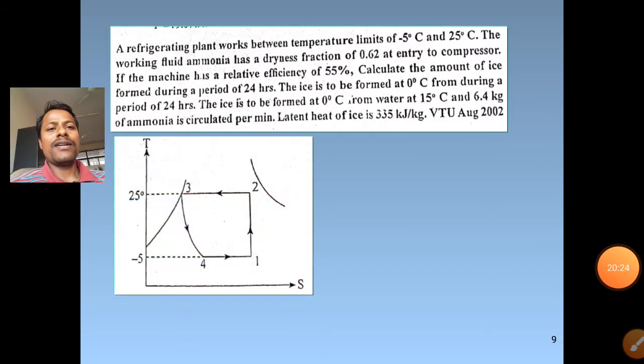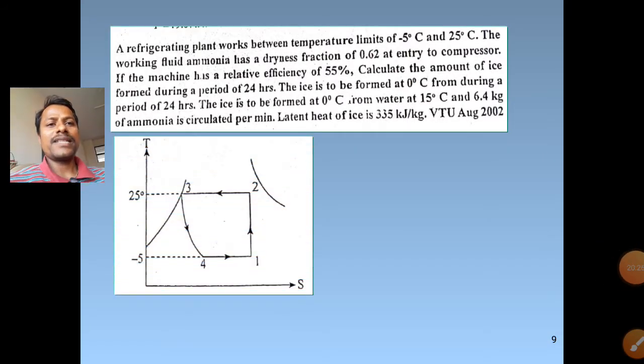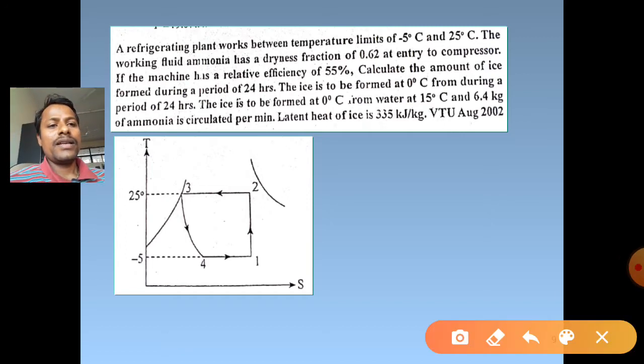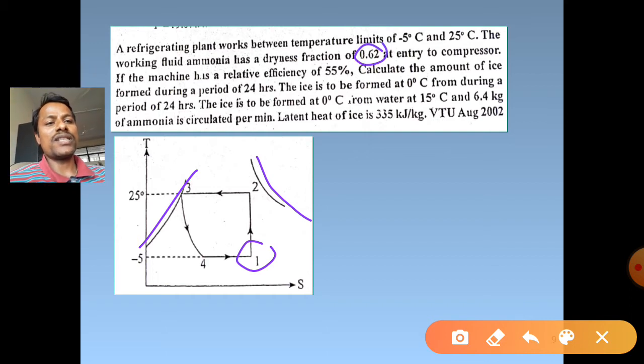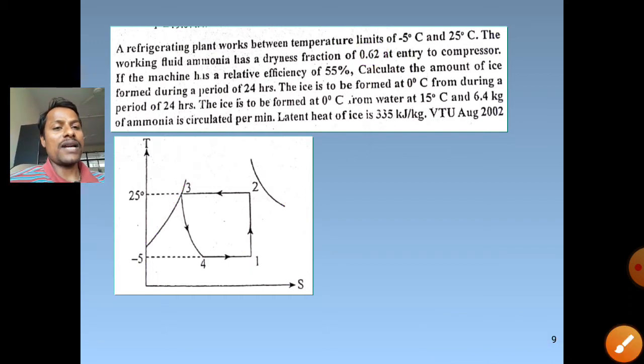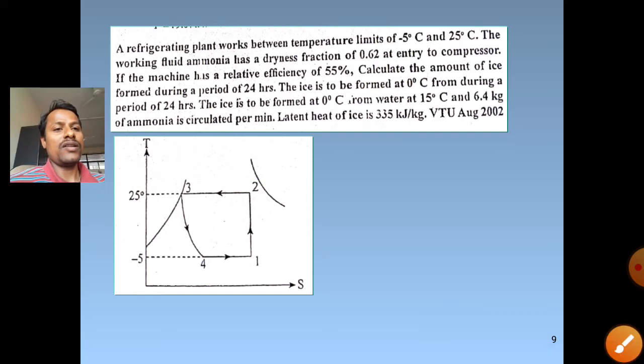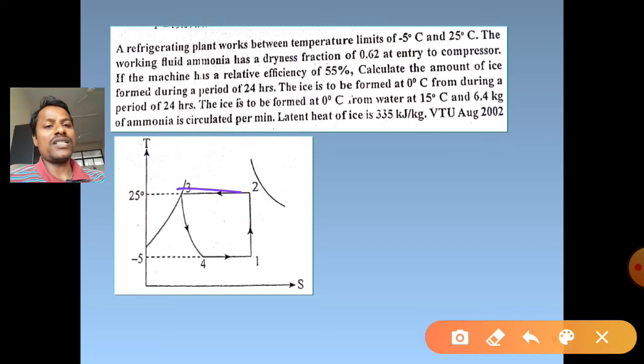Now let's discuss the TS diagram. Here we draw the saturated vapor line. This is the saturated liquid line. Inlet of the compression is 0.62 only, that is 62% dry. Outlet of the compressor, at present I assume that it is wet, and I will draw the cycle at present.